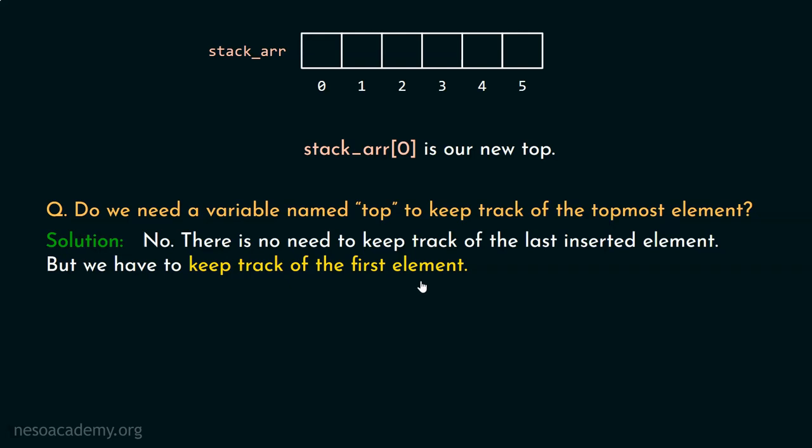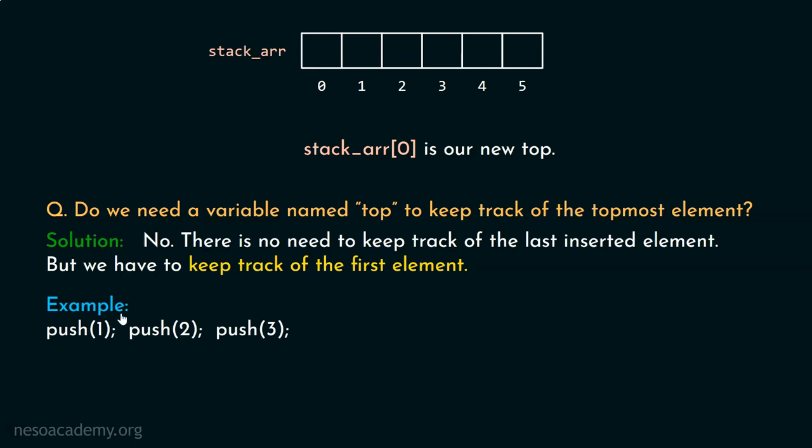In the previous presentations, we have seen why we keep track of the topmost element: because the position of the topmost element always changes with time. But here we have to keep track of the first element instead. There is no need to keep track of the last inserted element because its position will remain the same. I hope this idea is clear to you.